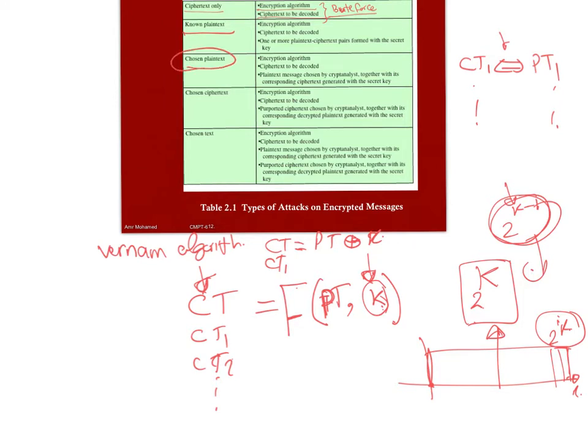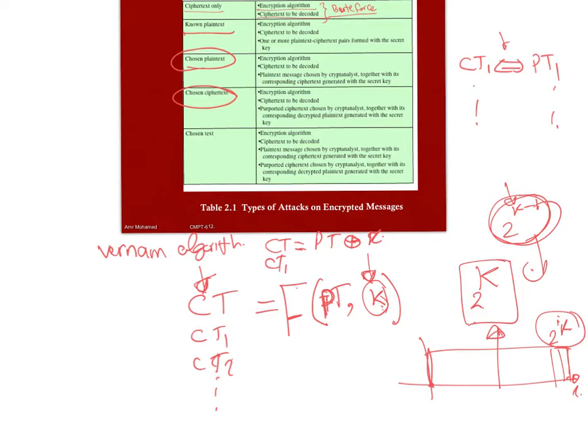The chosen plain text and the chosen ciphertext, the difference between known plain text and chosen plain text here is the fact that the attacker is in fact performing a man-in-the-middle attack. So in other words, the attacker can control what the plain text will look like.